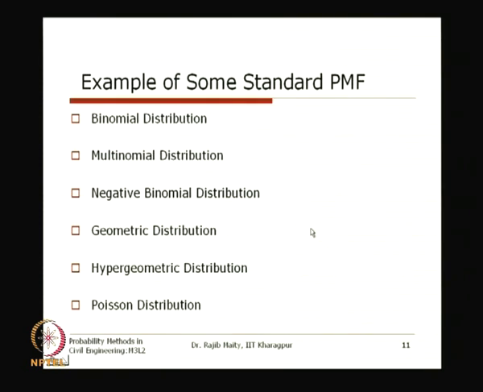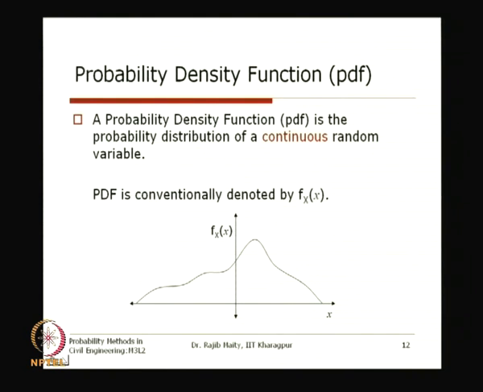Now, we will go to the distribution function of the continuous random variable. When we take a continuous random variable, we call it the probability density function. Why it is density, we will discuss now. A probability density function, abbreviated as lowercase pdf, is the probability distribution of a continuous random variable.